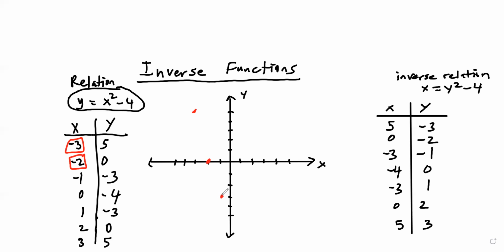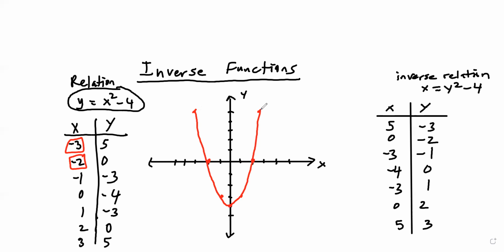And then 0, -4, that's this point right here. 1, -3, that's this point here. 2, 0 is this point, and 3, 5 is that point right here. So if you just connect those points, you're going to get this graph for that relation.